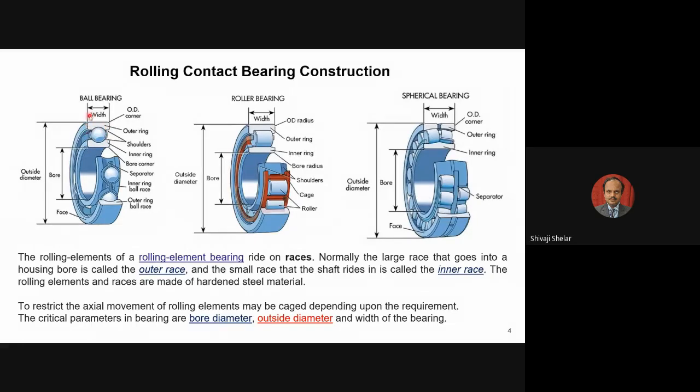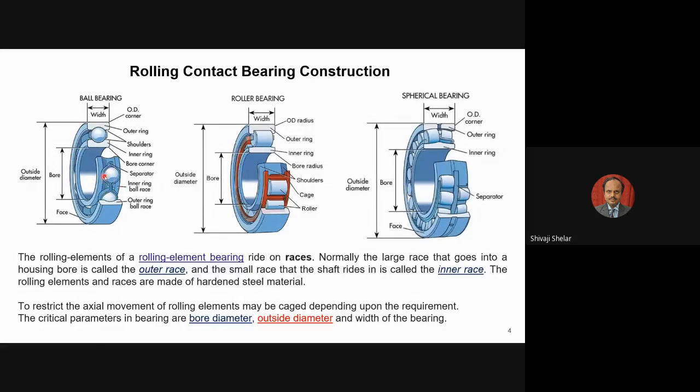If you take a cross section here, you can see a rectangular cross section, and the outer race will have this curvature outside, and the inner race will have curvature inside. In this curvature, your balls can be fitted. Now the balls should be equally spaced. They should not come out of this assembly.